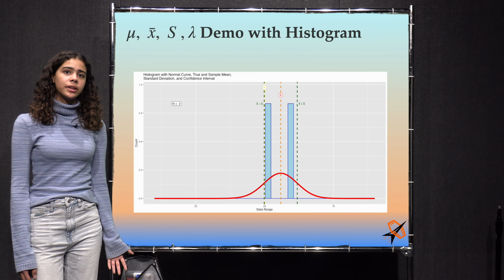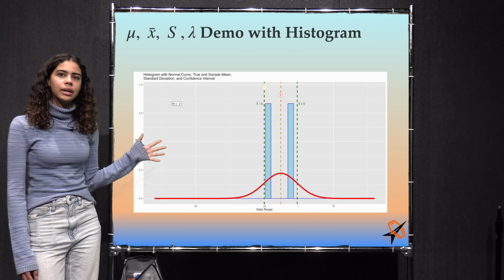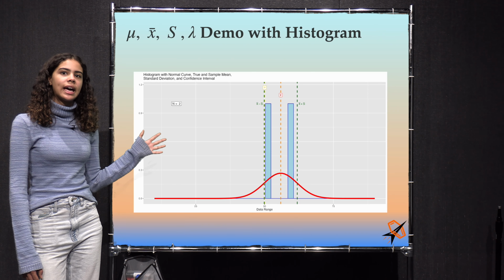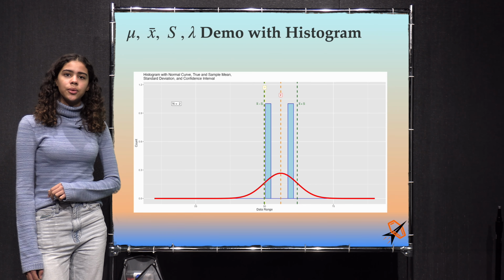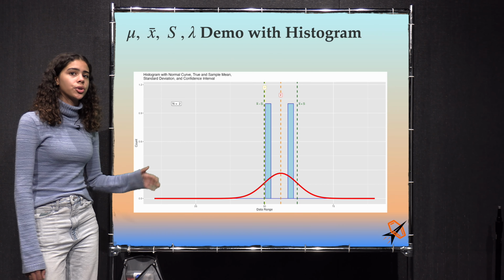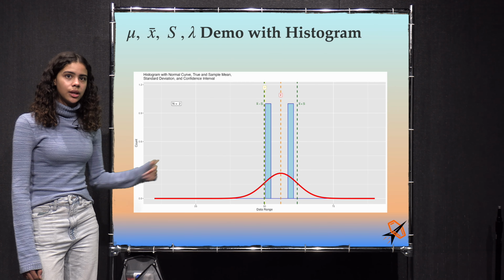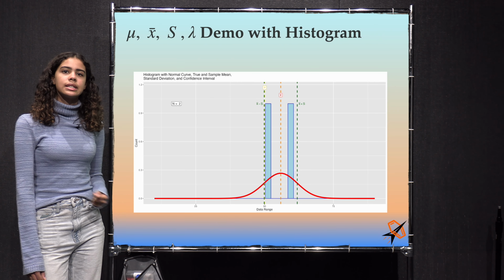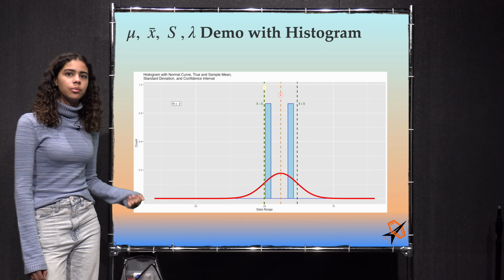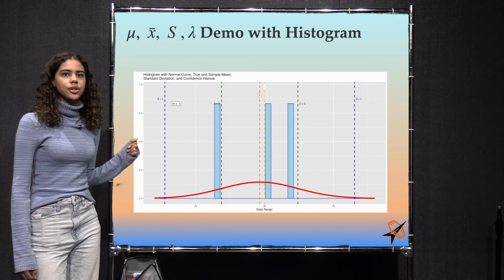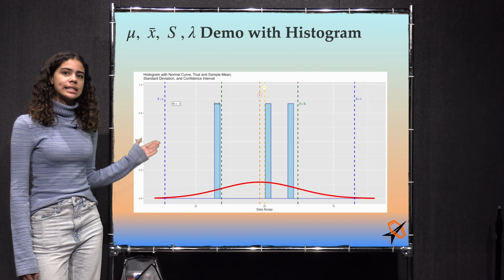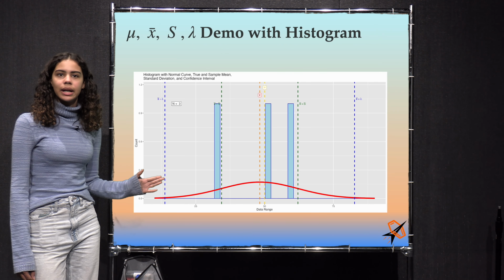To illustrate these points, this video displays a histogram and fitted normal curve as we successively add additional samples, starting from 2 samples. In the video, the sample mean is a dashed orange vertical line, labeled x bar. The true mean, set at 50, is a dashed gold vertical line, labeled with mu. The plus and minus sample standard deviations are dashed dark green vertical lines, labeled as x bar plus s and x bar minus s.